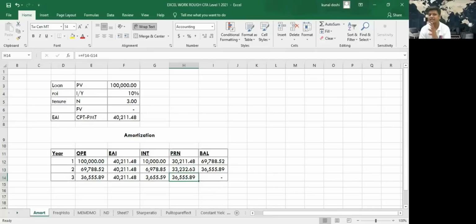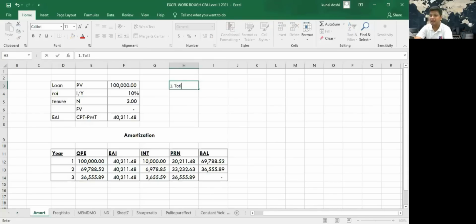Now, all these things I can calculate. For example, if I were to ask what is the total interest you paid in the first 2 years, that is the first question.